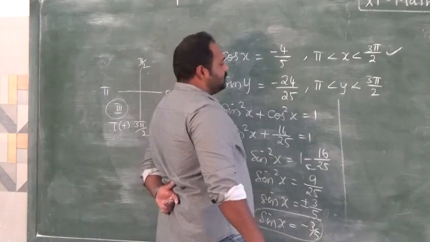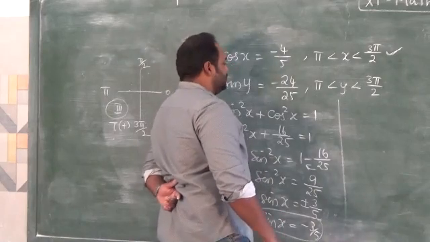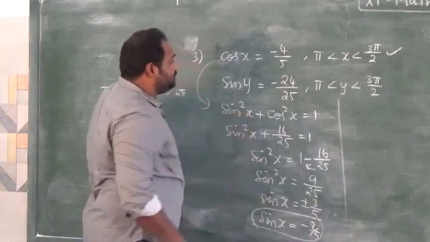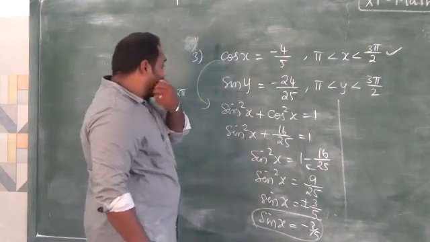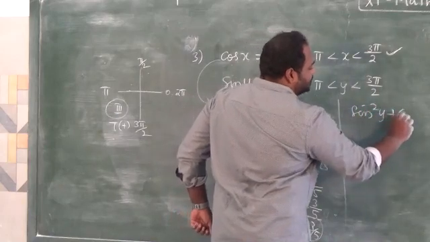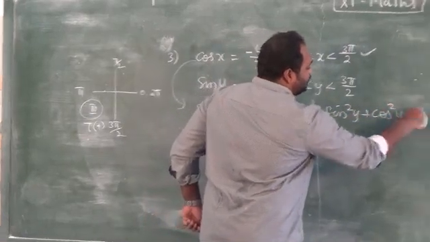Next, using sin y equal to minus 24 by 25, I am going to find out the value of cos y using the same formula. Sin square y plus cos square y equal to 1.